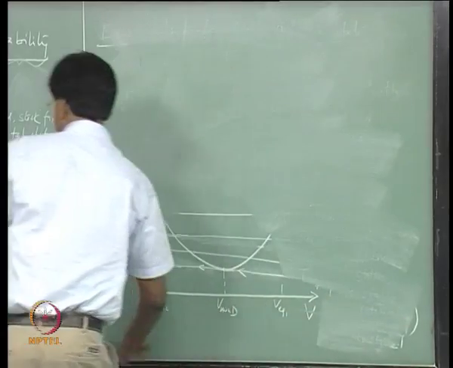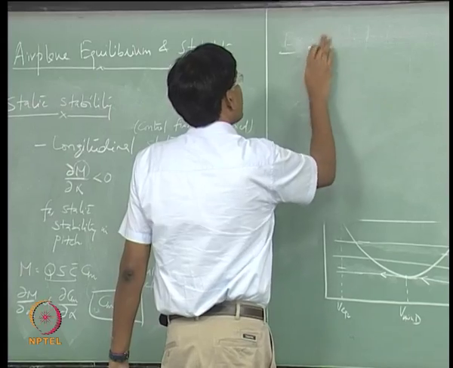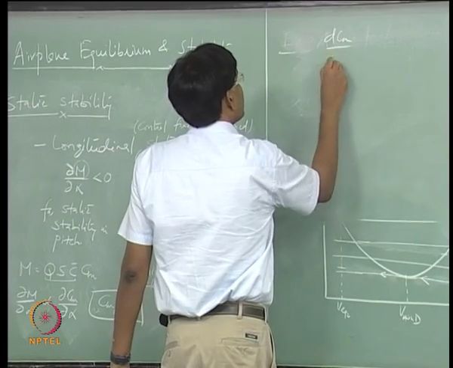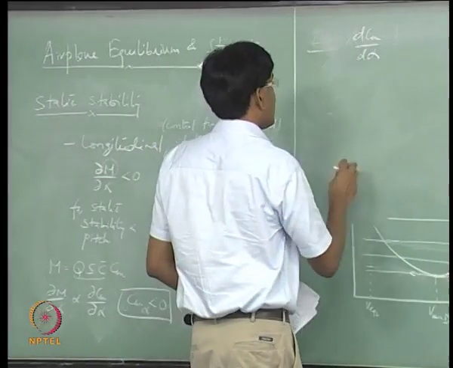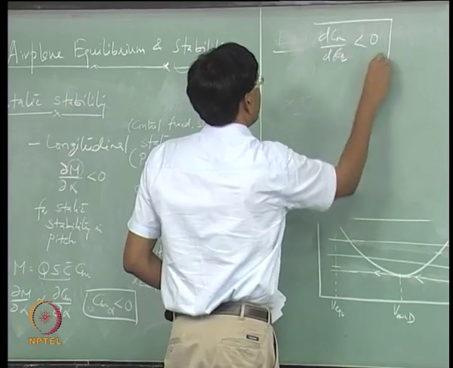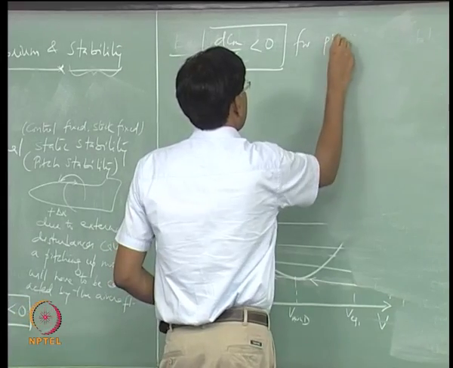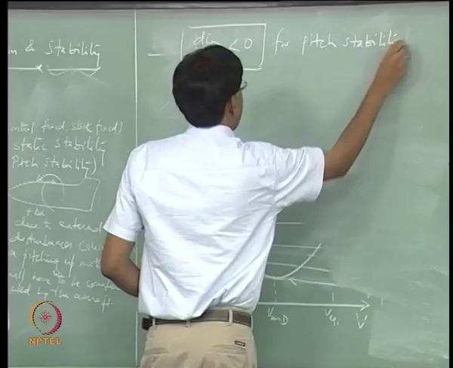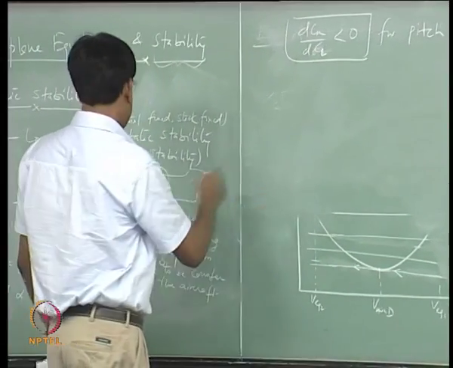Many times you will also see Cm alpha as dCm over d alpha, or the stability criterion is also written in terms of dCm over dCl. And this clearly comes from here.